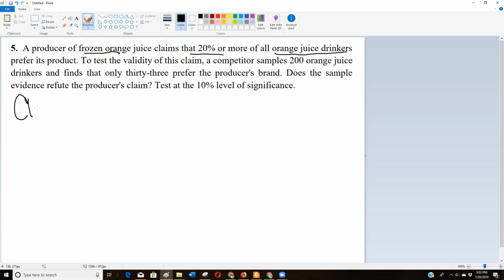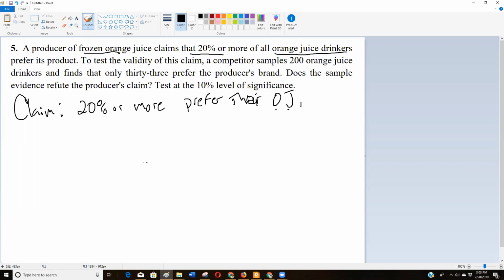So the claim is that 20% or more choose their product, prefer their product. And that's OJ. All right, so that's the claim.